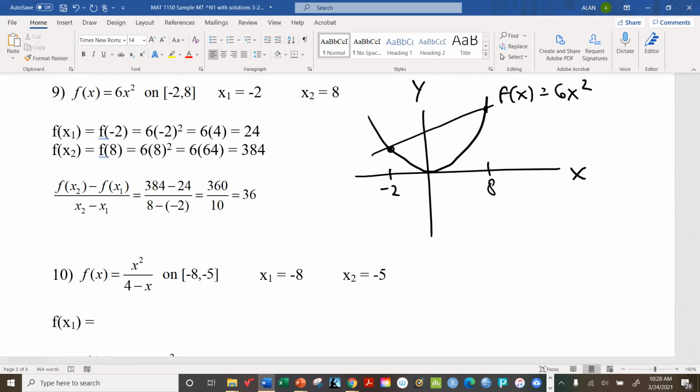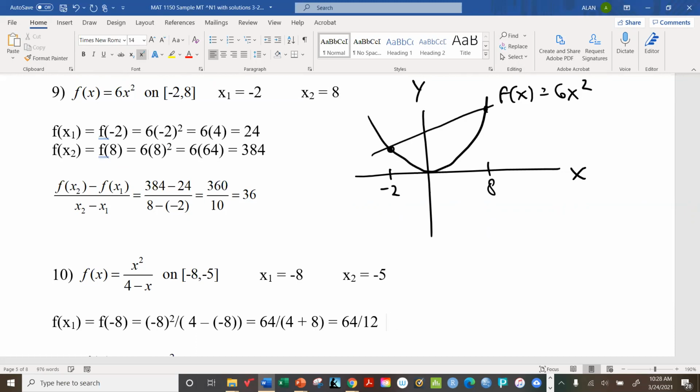That will be, well, first let's recognize that this is f of -8. Over 4 minus -8. All right, so that equals 64 over 4 plus 8, 64 over 12. Okay, wow.